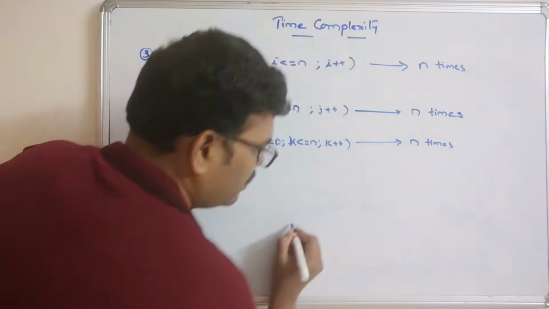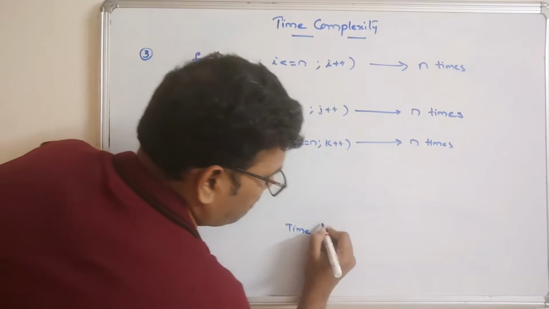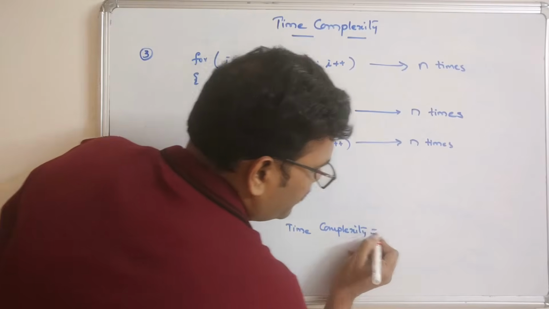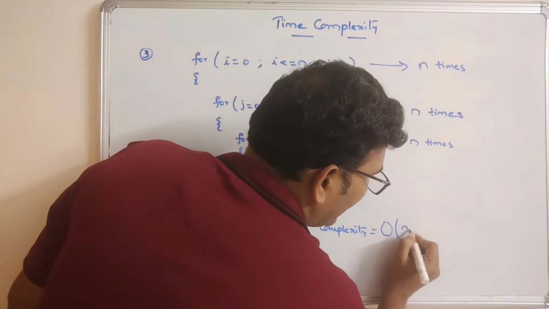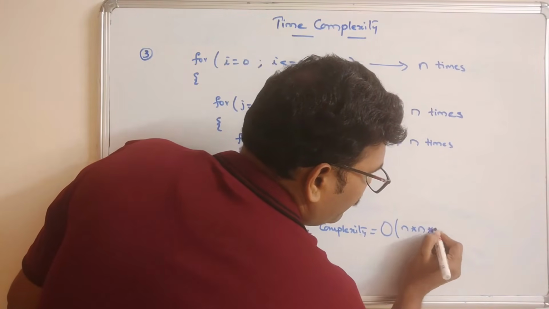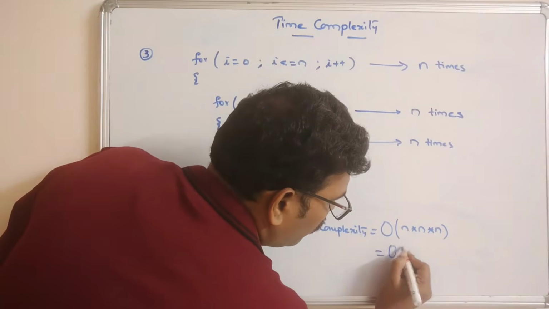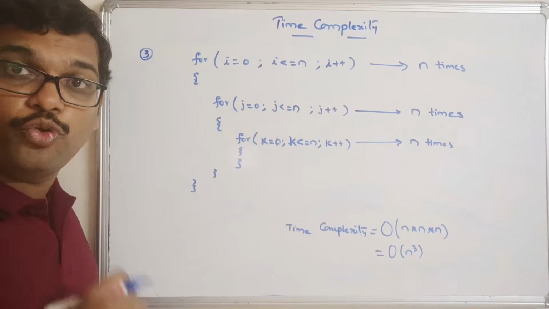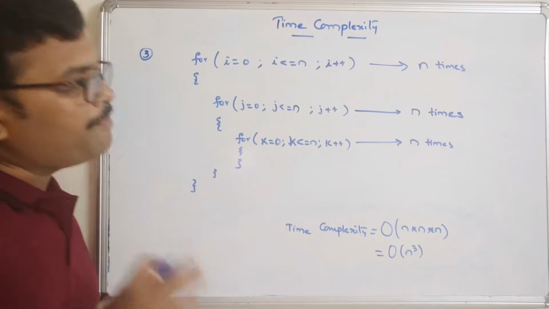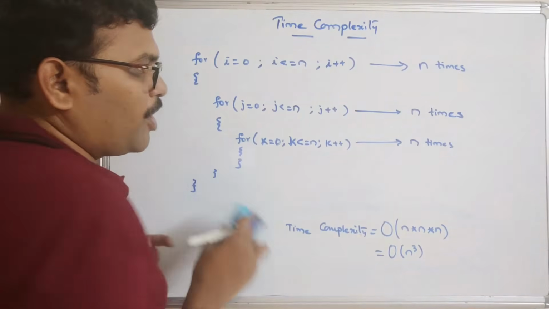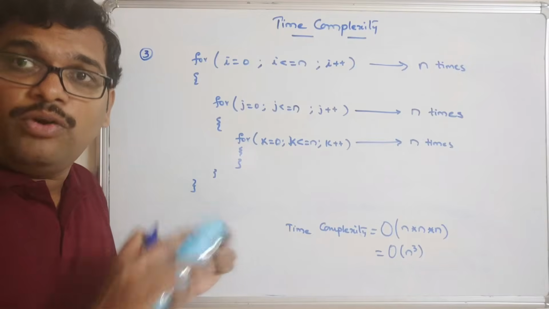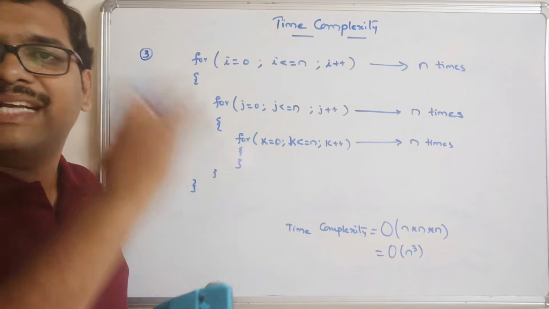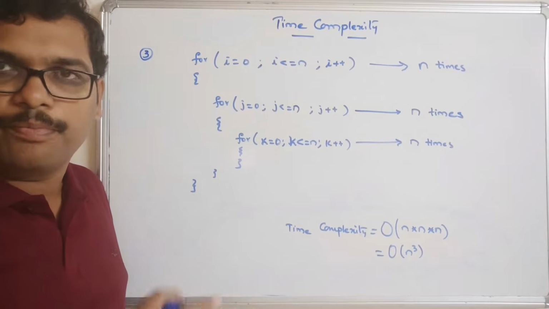So the time complexity will be order of n into n into n, which is order of n cube, a cubic complexity. Hope you understood this one. If there is no dependency, we can simply multiply the time complexity of each and every loop.